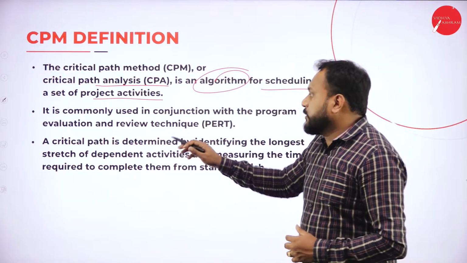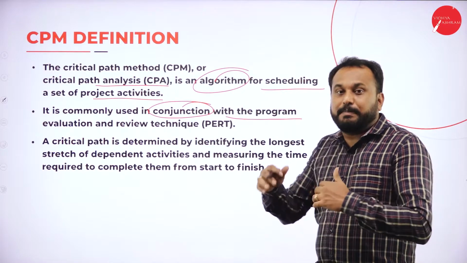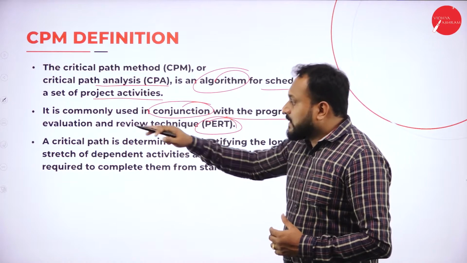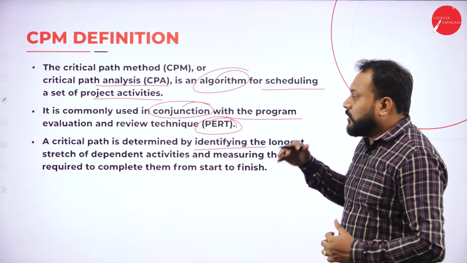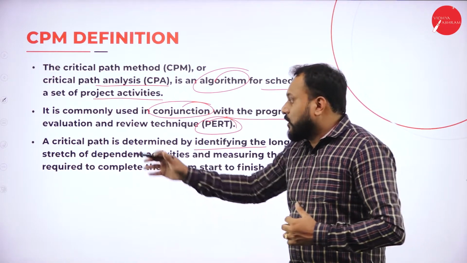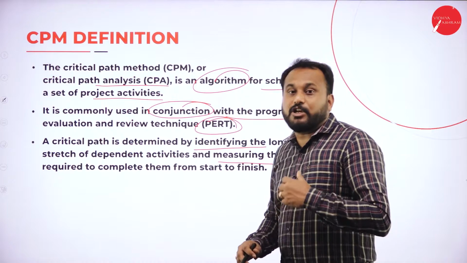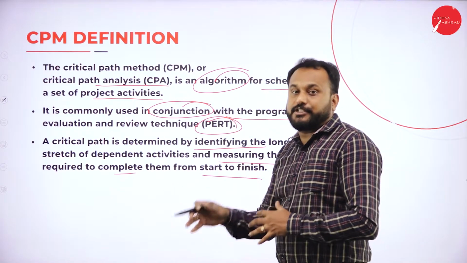Now it is commonly used in conjunction with the program evaluation, that is Pert. So it is always used in conjunction. A critical path is determined by identifying the longest stretch of dependent activities and measuring the time required to complete them from start to finish.